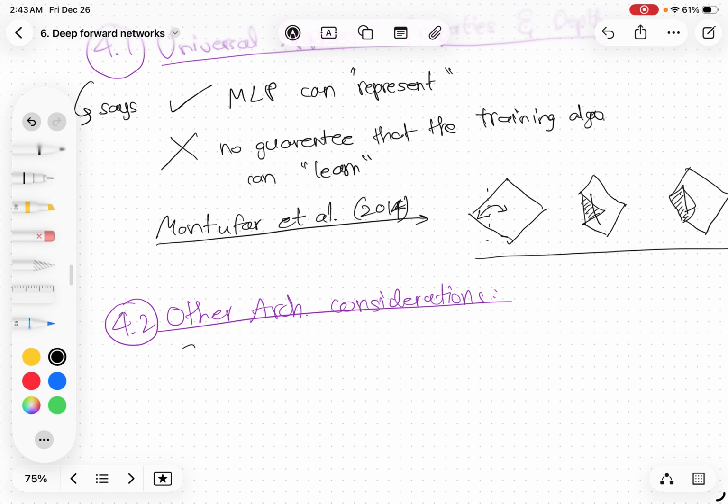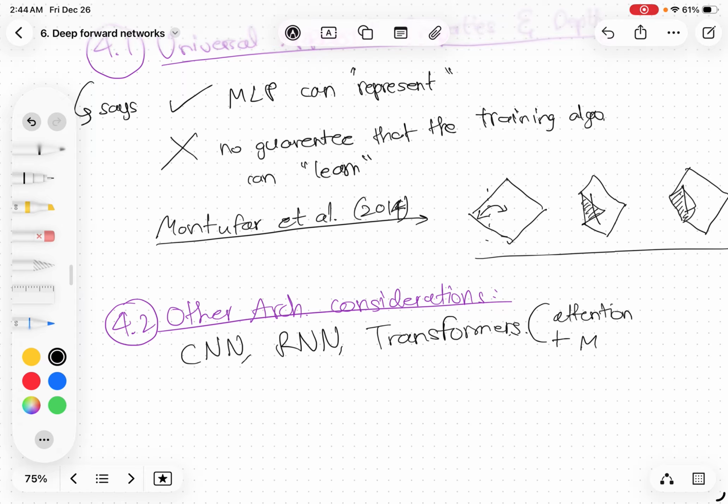So there are convolutional neural networks, recurrent neural networks, and there are transformers, not yet famous at the time when this book was written, but as I happen to know, transformers are a big architecture. Transformers use the attention mechanism. So they use attention and MLP.